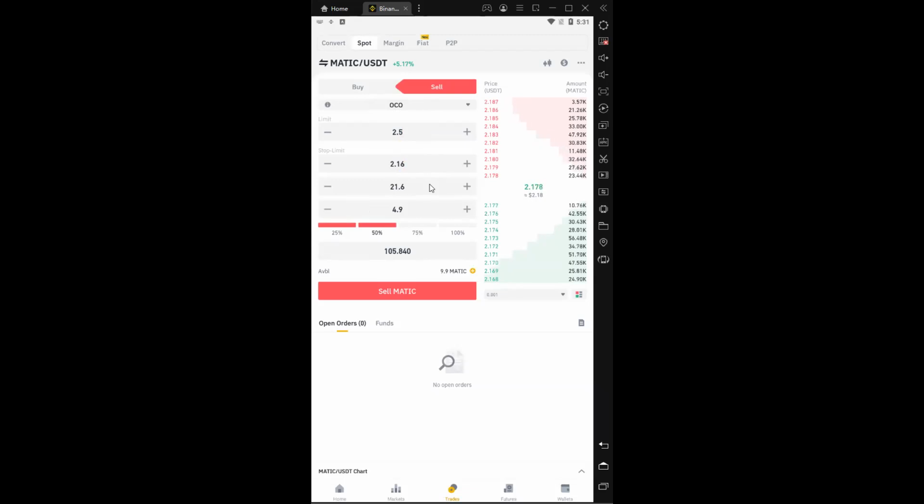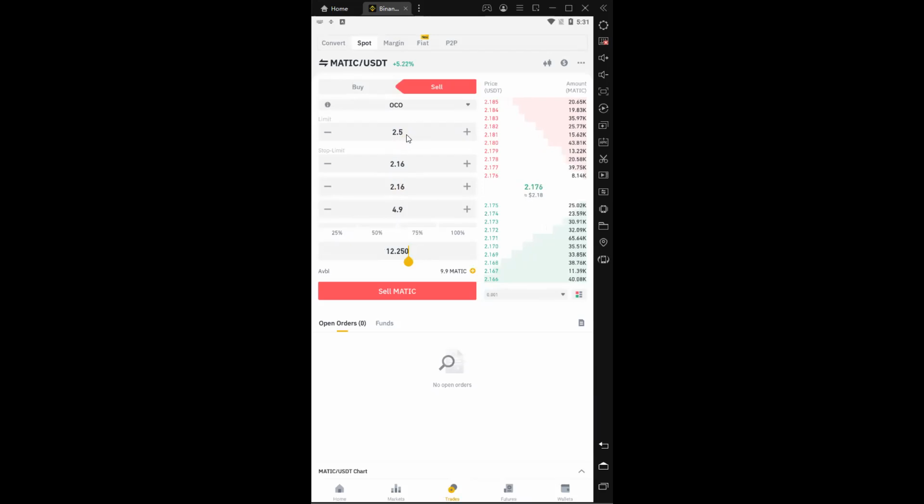We get that. So sell this coin at 2.5, stop limit. Okay, I won't sell it at 2.16, yeah.